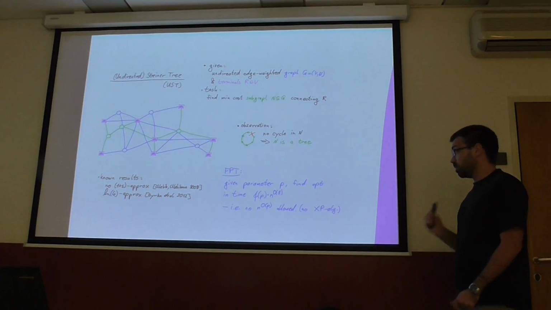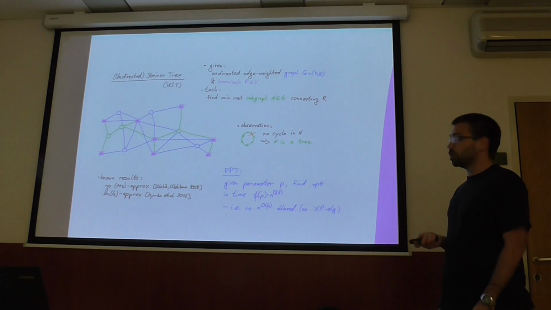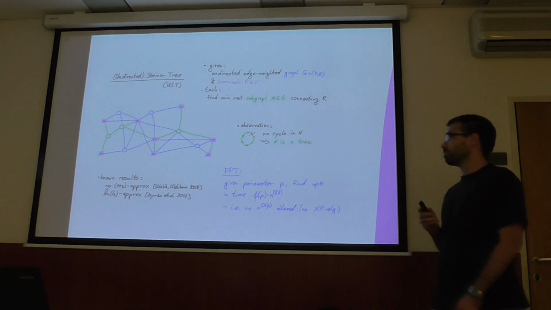In particular, what's not allowed is a running time of the form n to the p, which would be called an XP algorithm.